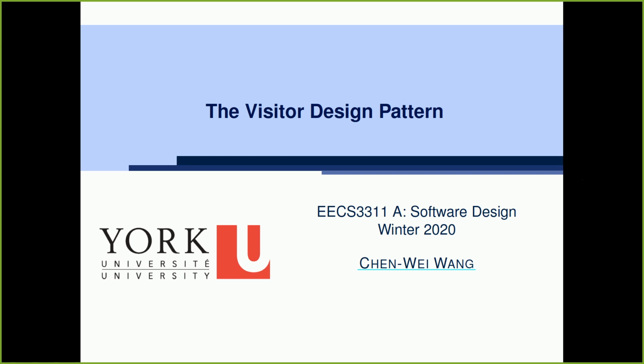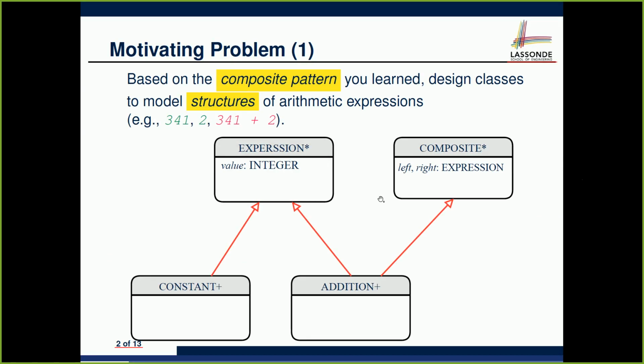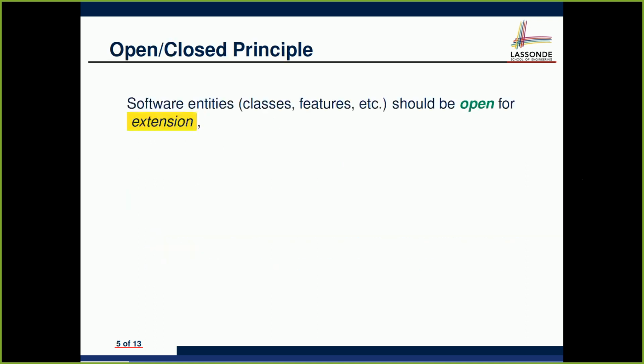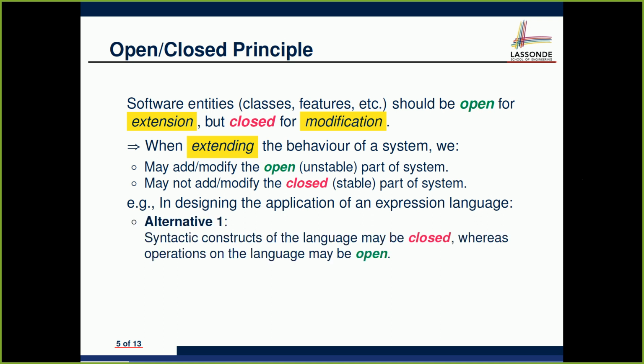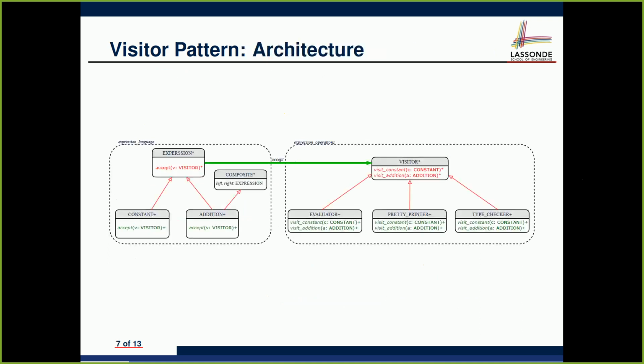So I would suggest two things. Number one, you can take a look at the slides. Feel free to also go over the alternative design, like a first design attempt, which got some criticism. Read over the design principles. And this will be a new design principle we're going to talk about, called the open-closed principle. And then you will see the visitor pattern. Specifically, try to give yourself an exercise.